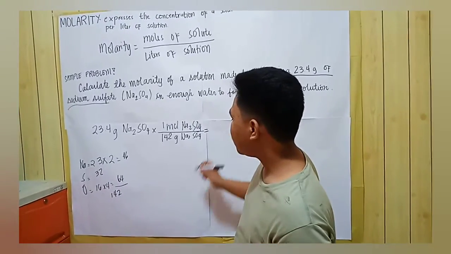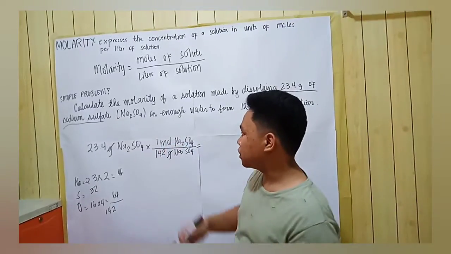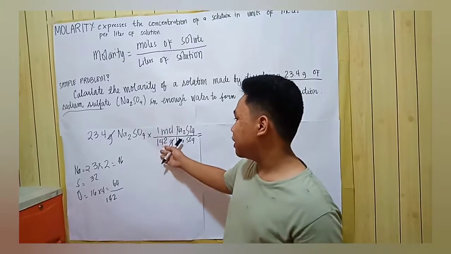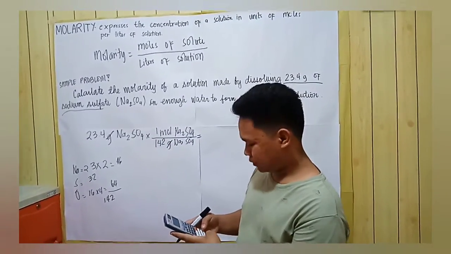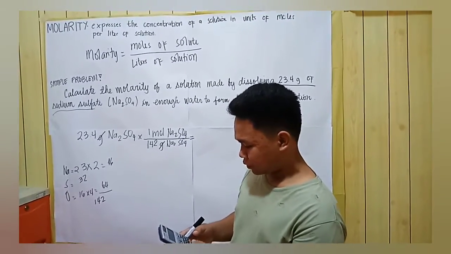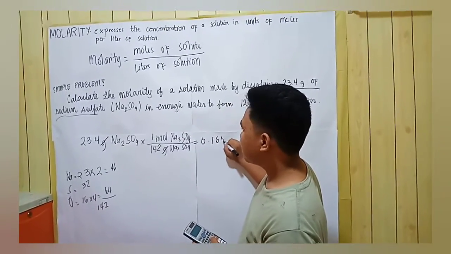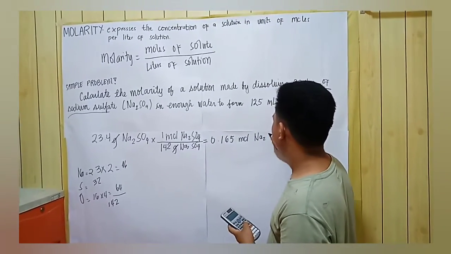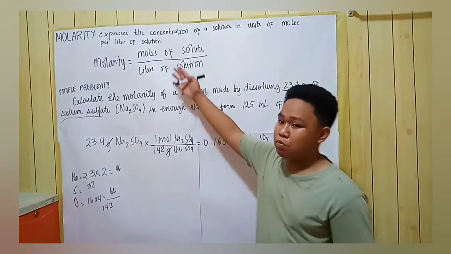We cancel the grams, so we are left with moles. We multiply 23.4 times 1 divided by 142. The answer is 0.165 mole of Na2SO4. So now we have the given solute in moles.